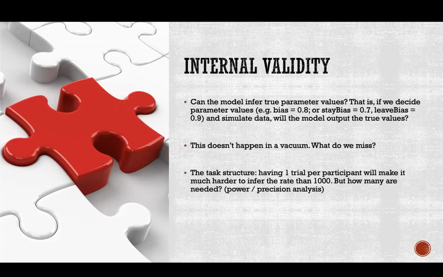a vacuum. Right? For instance, we might expect that according to the experimental setup, our ability to do parameter recovery will change. For instance, if we have one trial per participant, it's going to be really hard to figure out reinforcement learning parameters.